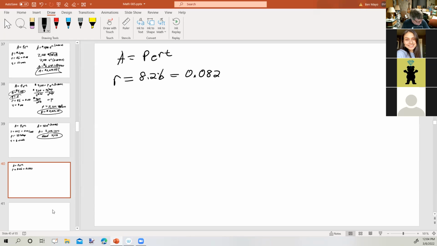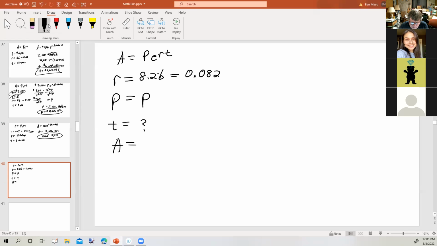Be careful with that conversion. How long will it take for its population to double? So the population, we don't know its population, do we? And time is the unknown. In fact, let's put a question mark there.